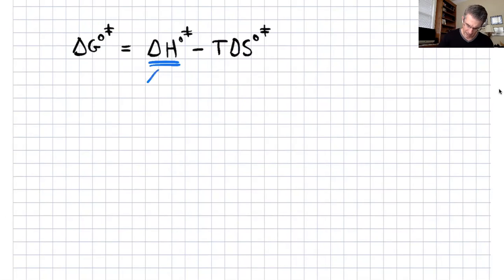Well, one thing is if the enthalpy, right, the dagger is significantly greater than 0, that's going to make the Gibbs free energy greater than 0. So why would that be? What are the things that would make the enthalpy of getting to the transition state large and positive? When you think about that a little bit, what you know about how these chemical reactions have to work.